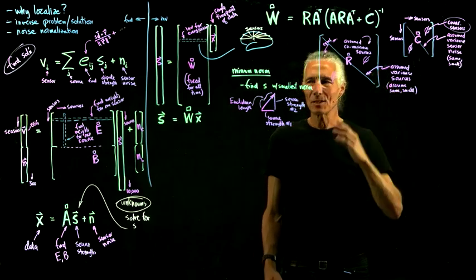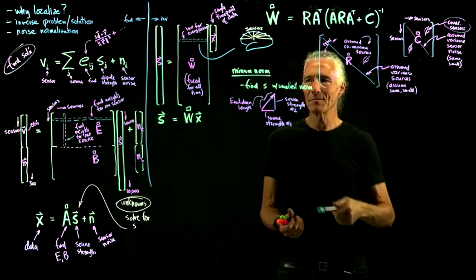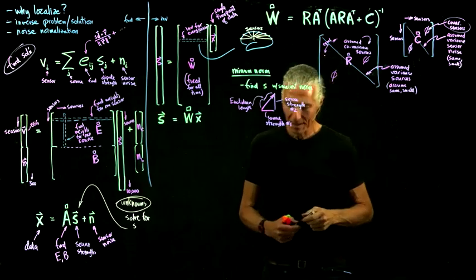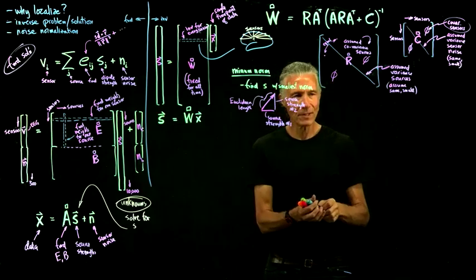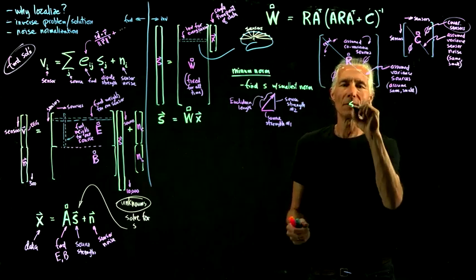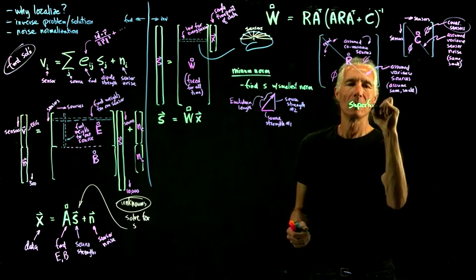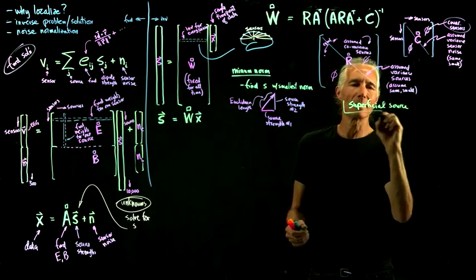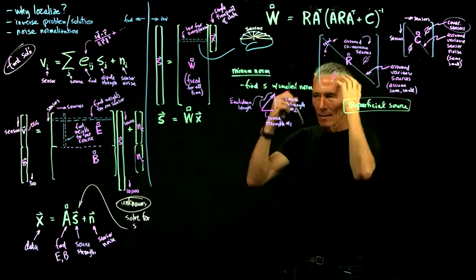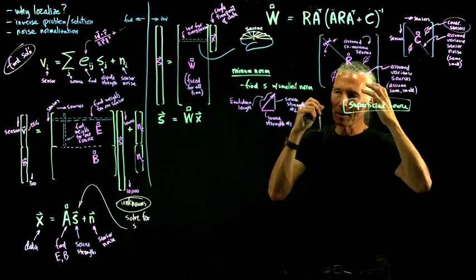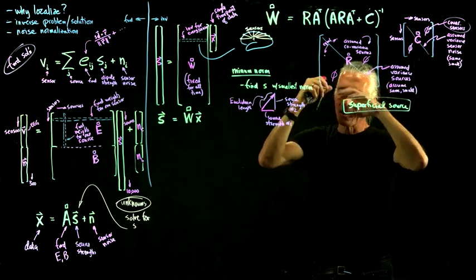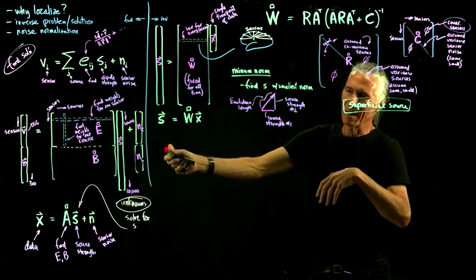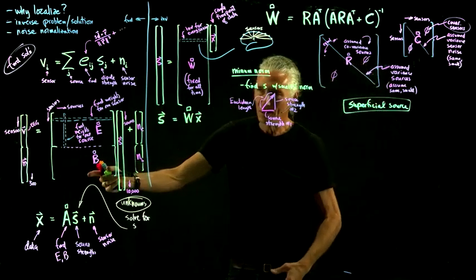So let's just do a very simple modeling study of how the minimum norm solution works and sort of seemingly fails. So if we take a superficial source, so here's a superficial source. And this is just a modeling study. So what we can do is we can scan somebody's brain, figure out their forward solution, find out where the outer part of the cortex, outer part of the skull, outer part of the skin are, and do some kind of improved forward solution, like a boundary element solution.